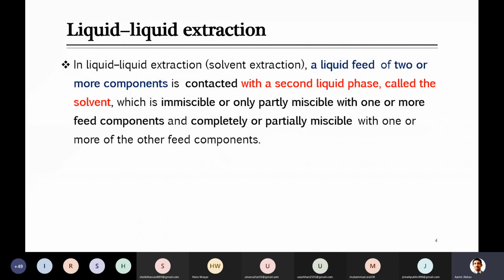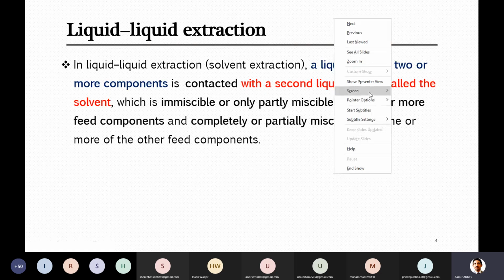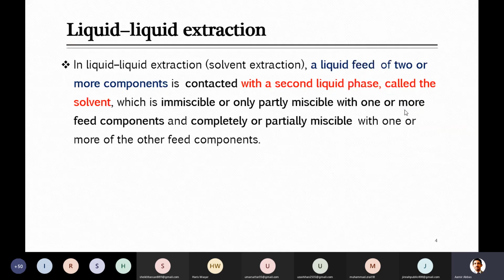So what we have to do is bring this liquid feed in contact with a second liquid phase, another liquid phase. That second liquid phase is called the solvent. And the initial liquid will be called the feed.